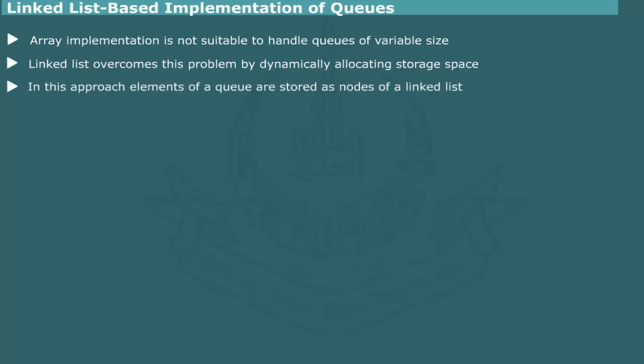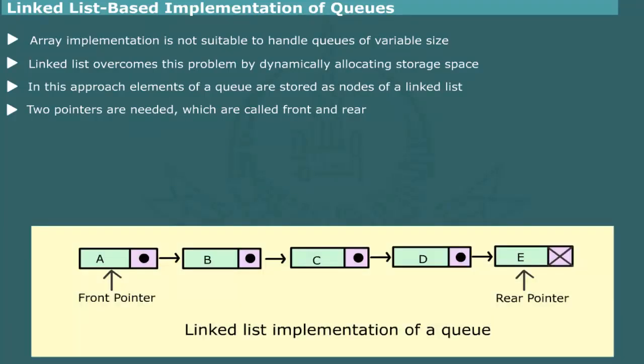In this implementation, elements of queue are stored as nodes of a linked list. 2 pointers are needed to mark the beginning and end of a queue. These are referred to as front and rear pointers. Figure shows an example of a queue implemented as a linked list.